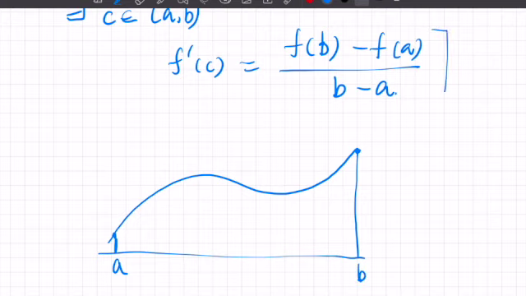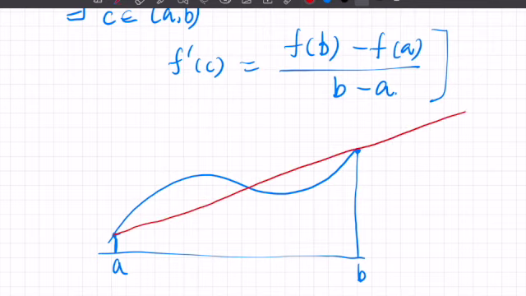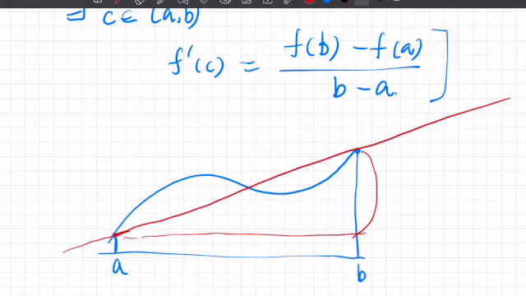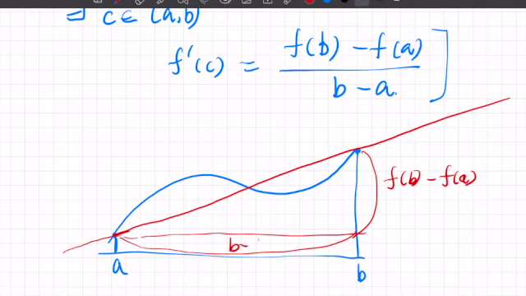So this right hand side means the slope of this line connecting these 2 points. This difference is f of b minus f of a, and this difference is b minus a. So this right hand side means the slope of this red line.